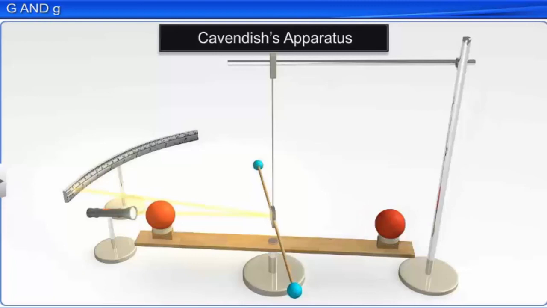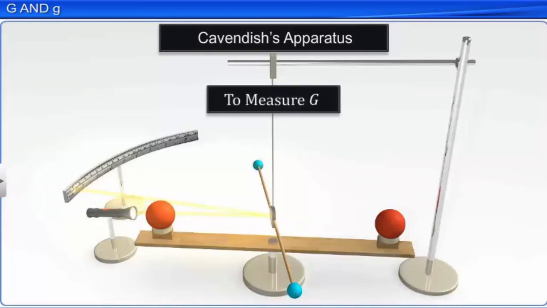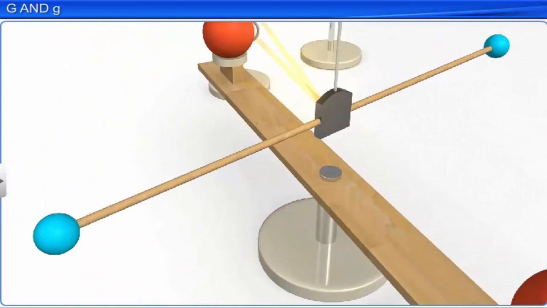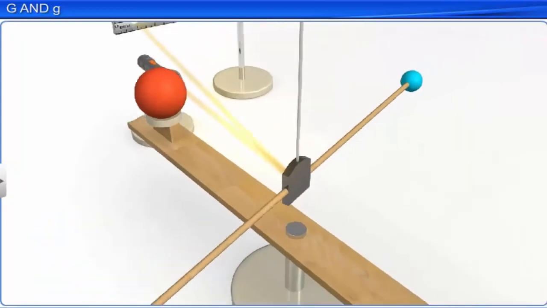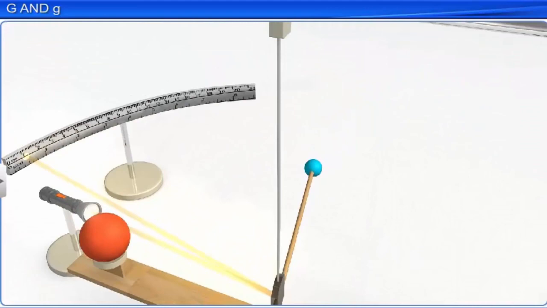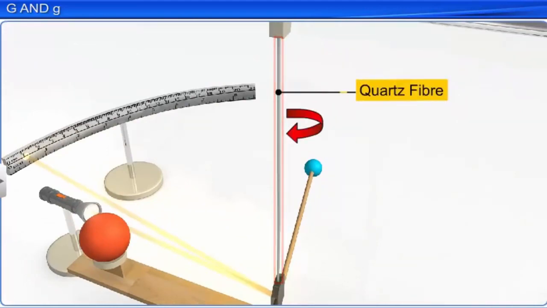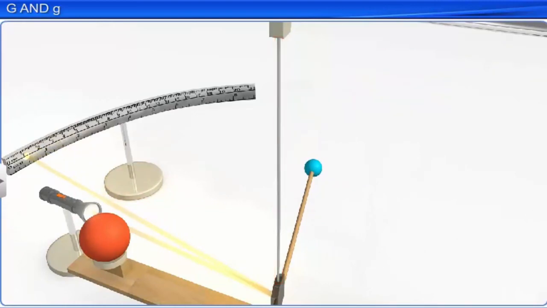Now let us try to understand how this instrument helps measure the universal gravitational constant, G. Basically, the smaller pair of spheres is attached to either side of a light wooden rod, suspended from a rigid support by a quartz fiber, and is free to rotate by twisting the fiber. The setup is kept within a closed environment to avoid air currents.